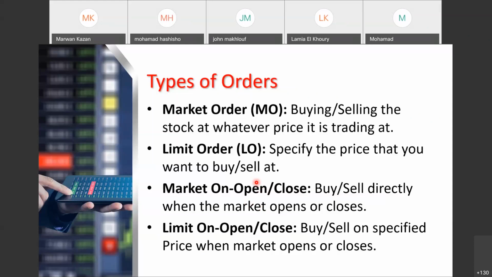With a market order, even if it's 99.5, you're going to sell. With a limit order, on the other hand, you put $100, and if it's different than $100, it's going to stop. He won't buy or sell for you. And as we can use it on open, we can use it at close. We know that the stock market closes at 11 p.m. in our timing. In Eastern time, which is New York, it's from 9:30 to 4.